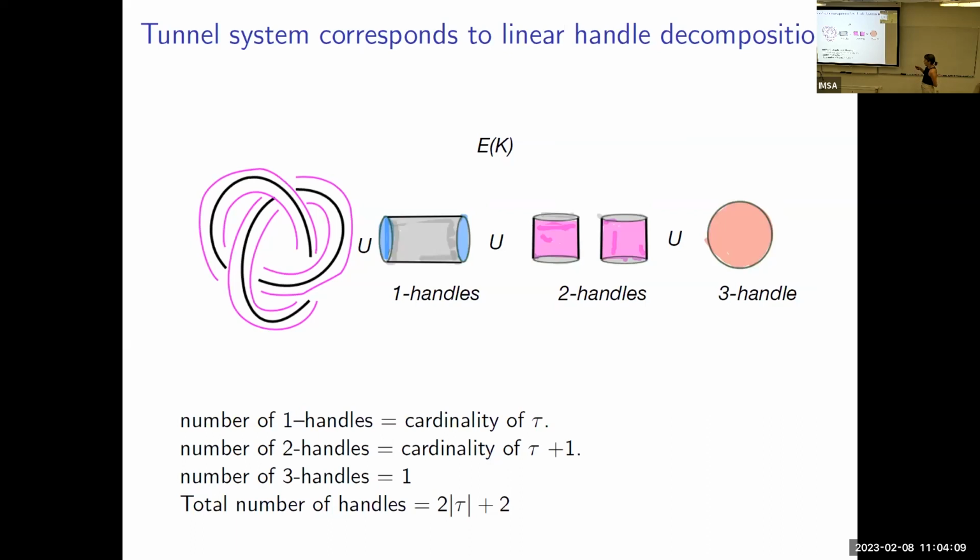The number of 2-handles is the cardinality of the Tonnen system plus one, and we just need a 3-handle. And so the total number is the cardinality of the Tonnen system plus 2. And if this realizes the Tonnen number, then this is just 2 times the Tonnen number plus 2. Okay.